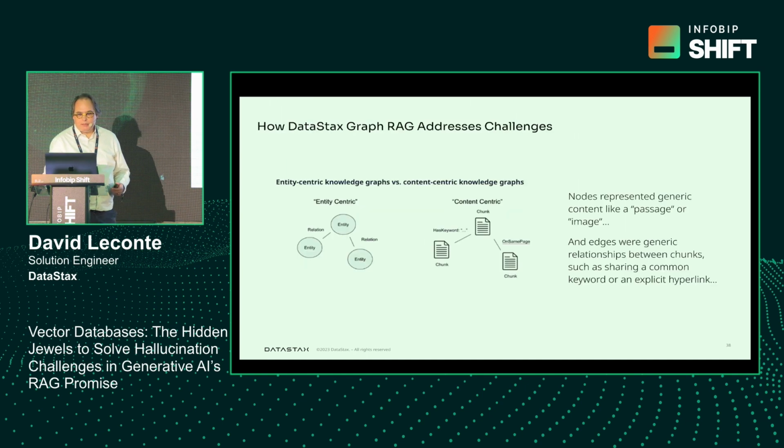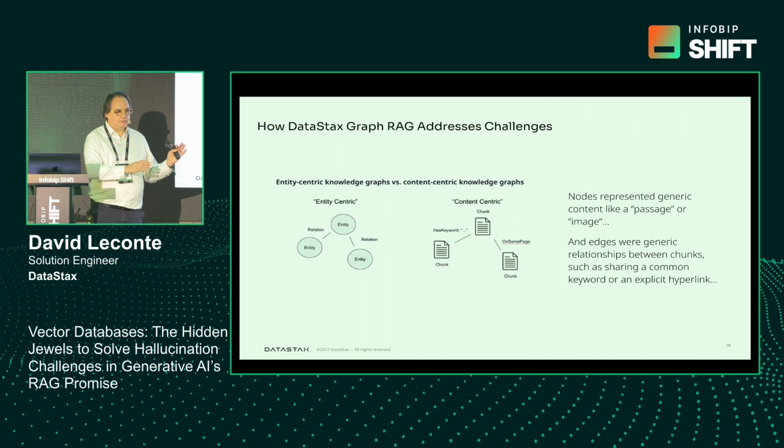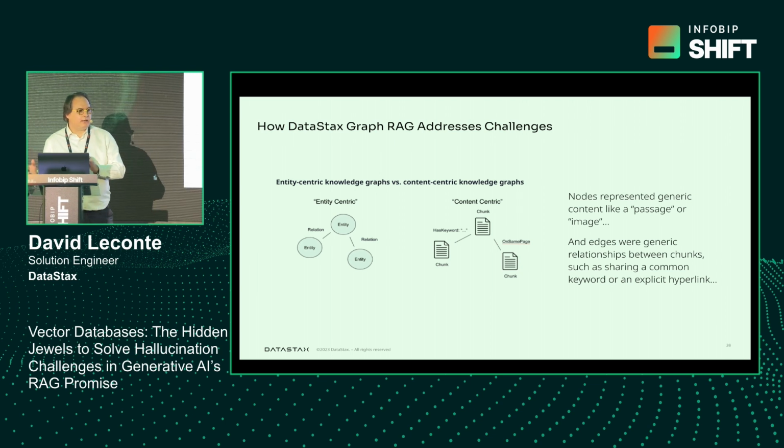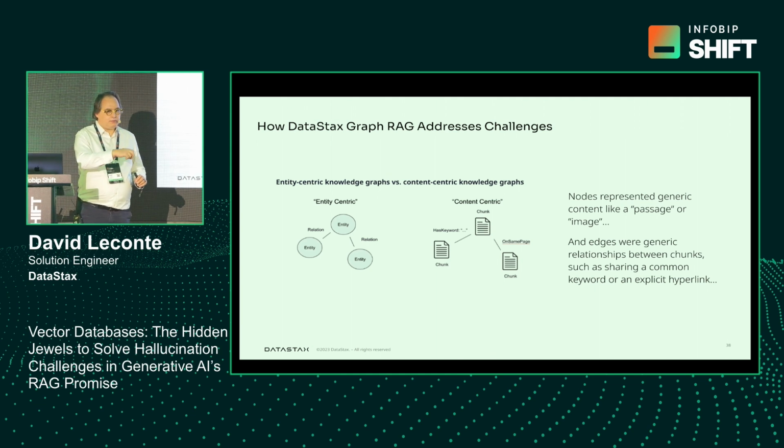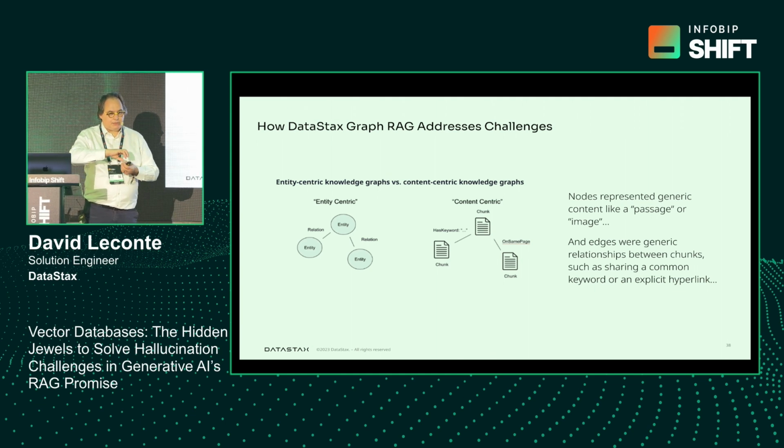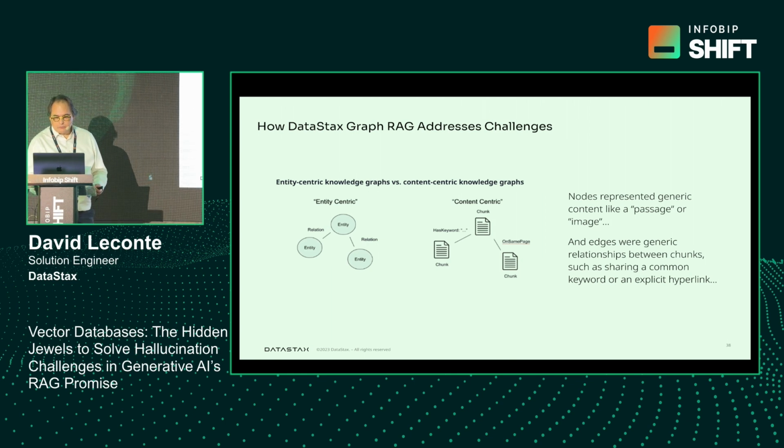And then we will be able to use the graph paradigm to move from entity-centric graph to content-centric graph. So rather than purely indexing the document, we are going to index the chunks and make the graph from the chunks. So more powerful.